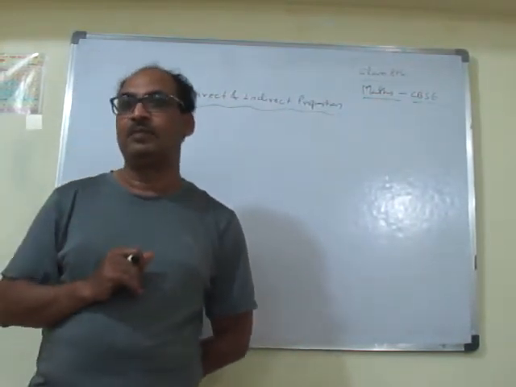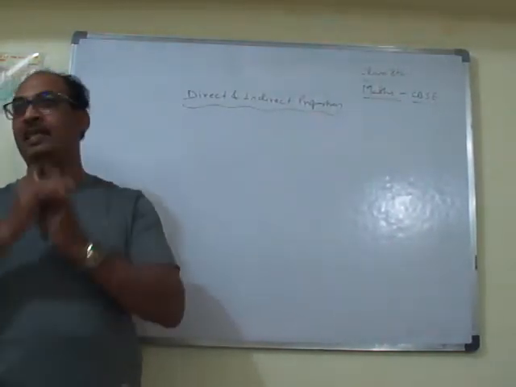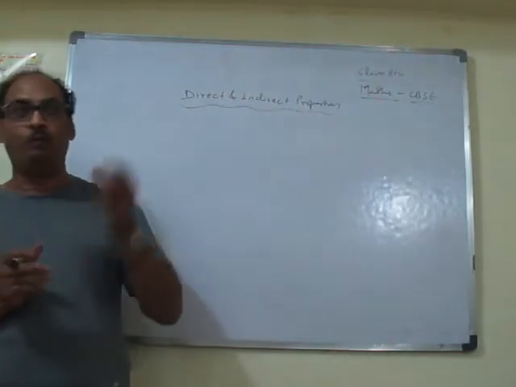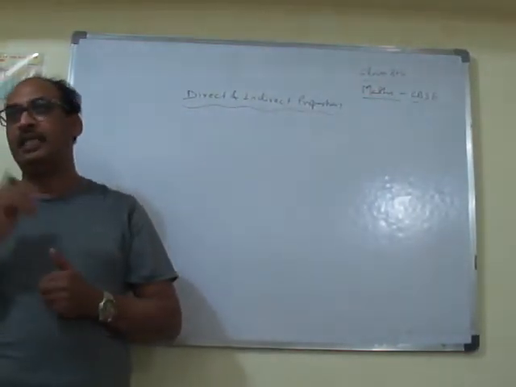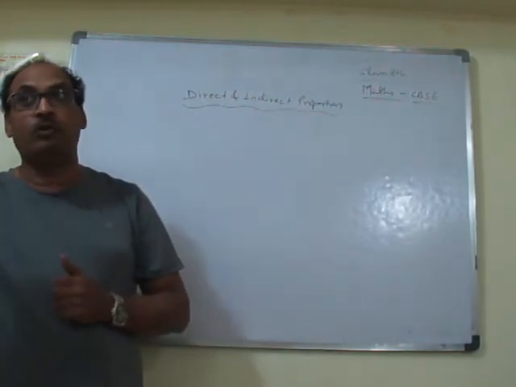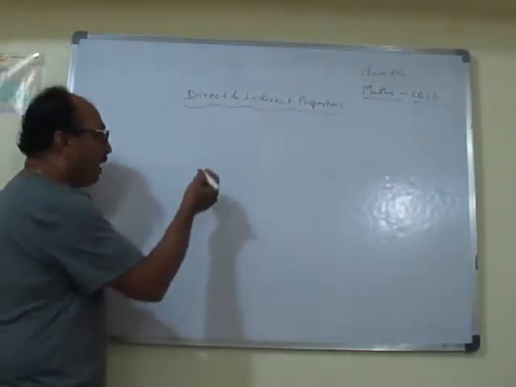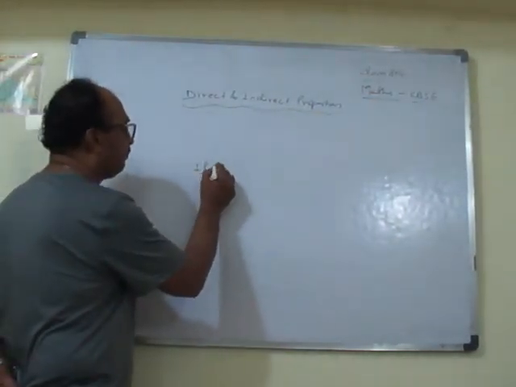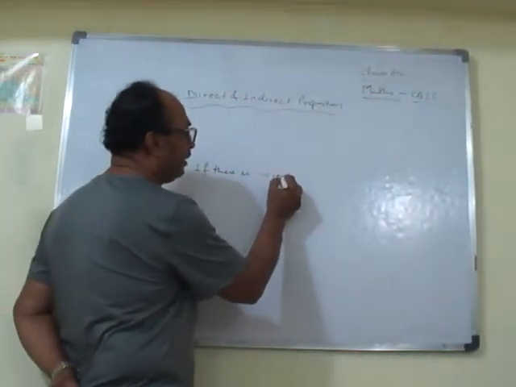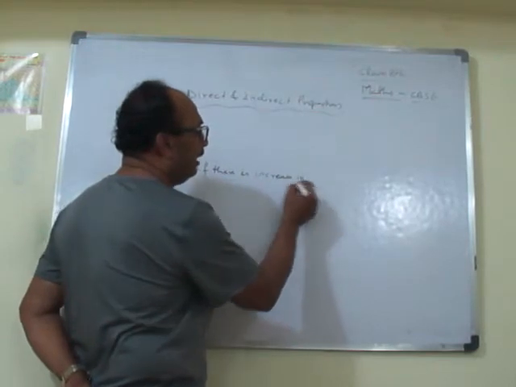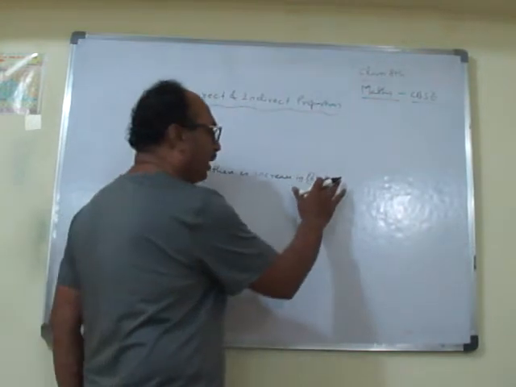So what you have found is, when you increase the quantity from 1 kg to 2 kg, 3 kg or 4 kg, simultaneously your price is also increasing. So you can say that if there is an increase in quantity, there will be an increase in price also.